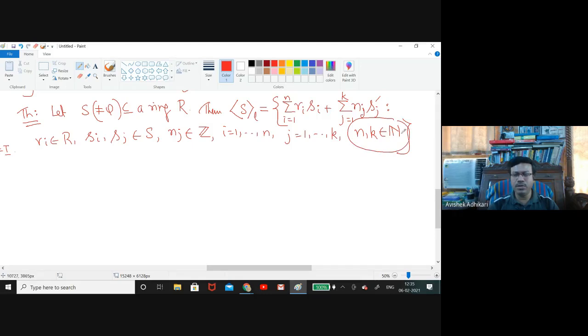Since n and k belong to N, they are also varying. Sometimes n is 2, sometimes 3, sometimes 4, and so on. So this is the collection.